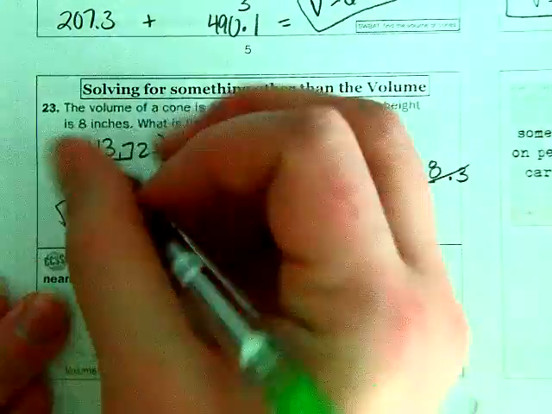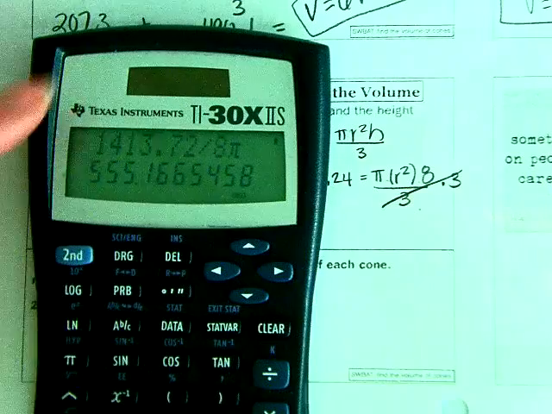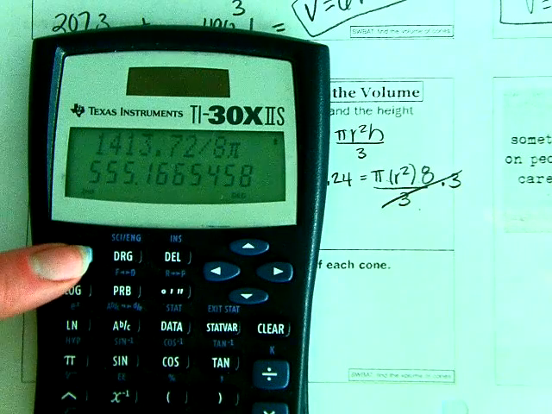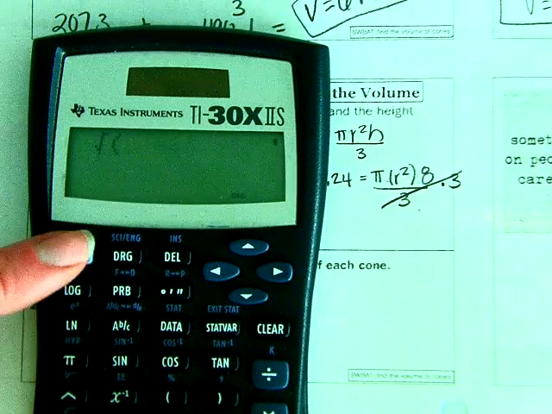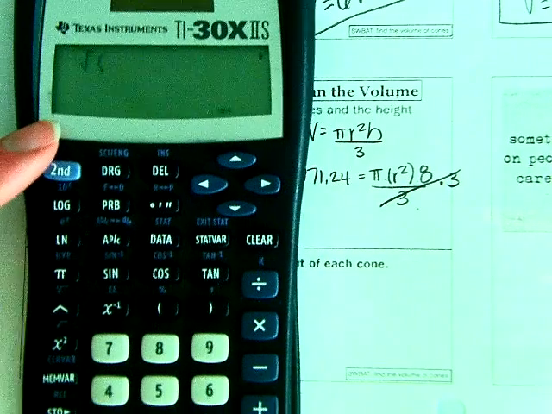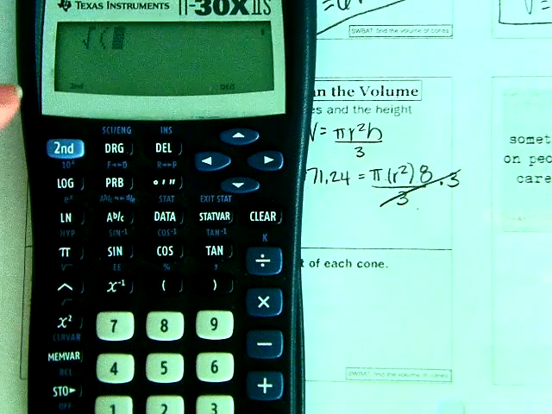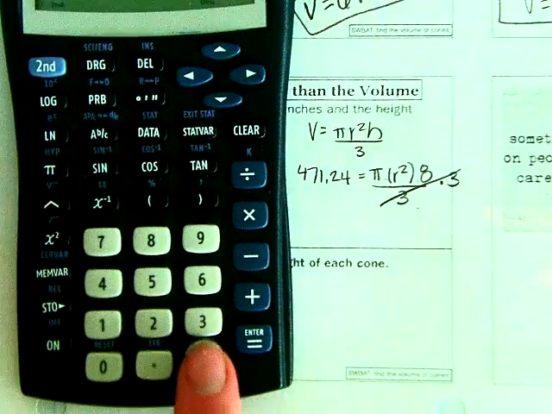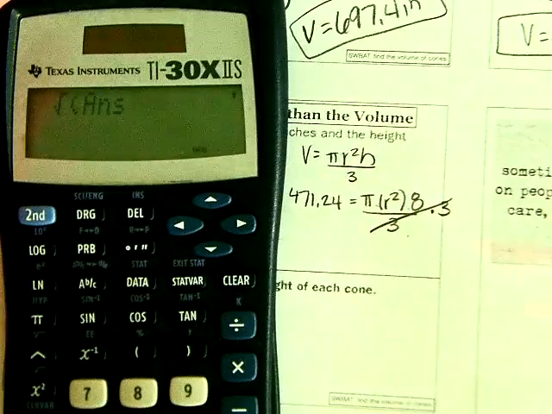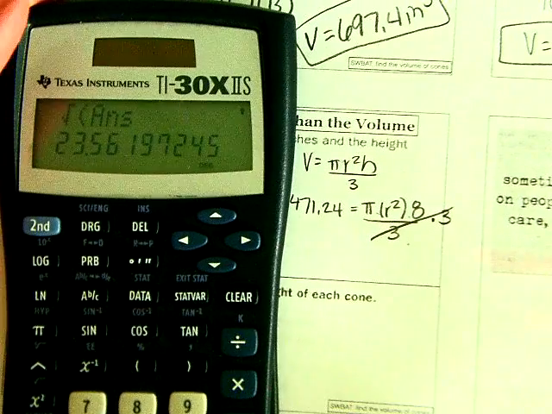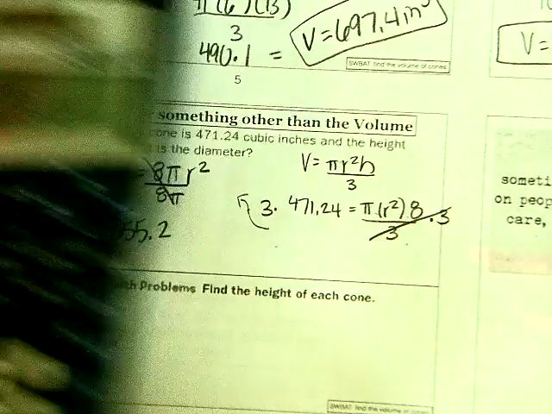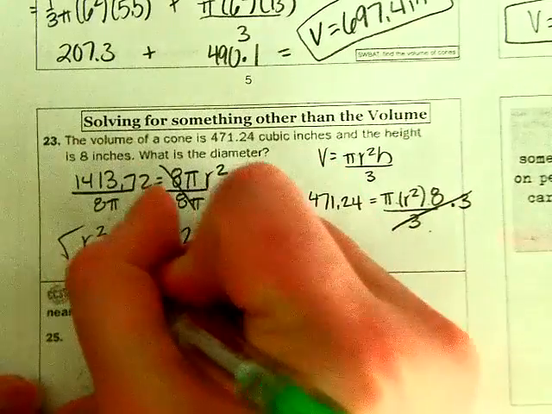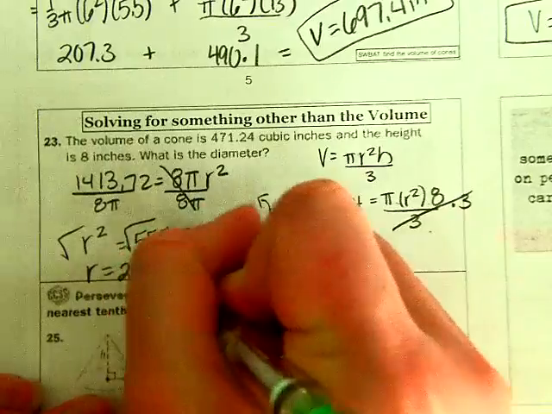If I take the square root, which is the second button, the x squared button, and then I'm going to take my previous answer that the calculator has stored, so I push the second button and the negative button so that it says answer, or I could just type 23.6. So the radius is 23.6.